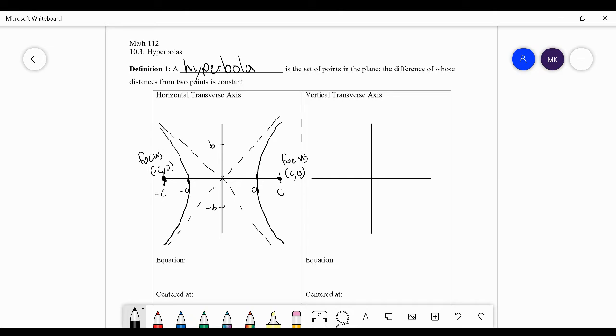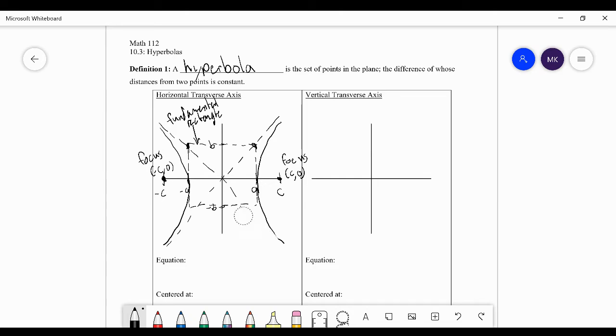And so then we can also create this rectangle, which again, I am not the perfect artist, so it is what it is. This rectangle is not something we always draw. I'm drawing it in here just to show it, and it is something that we call the fundamental rectangle. What's really cool here is notice that the corners of the rectangle all fall on the asymptotes, or they should.